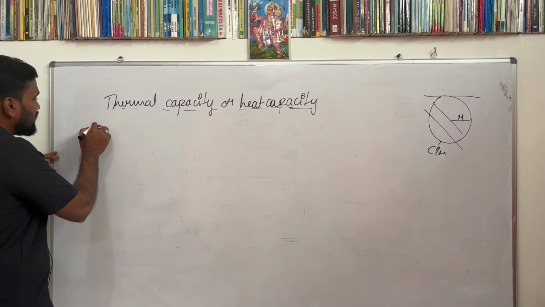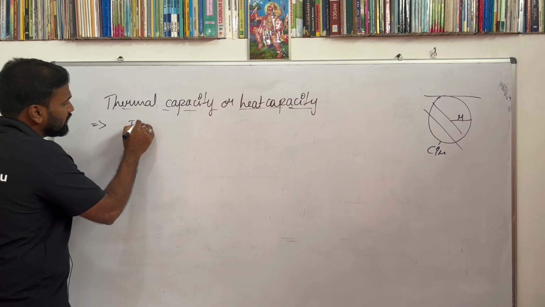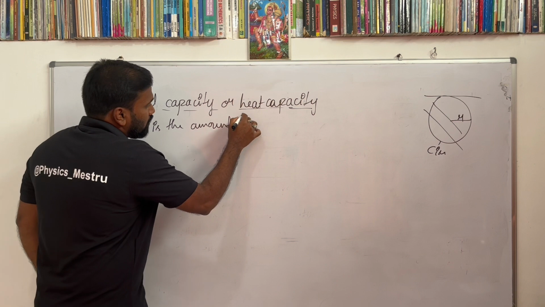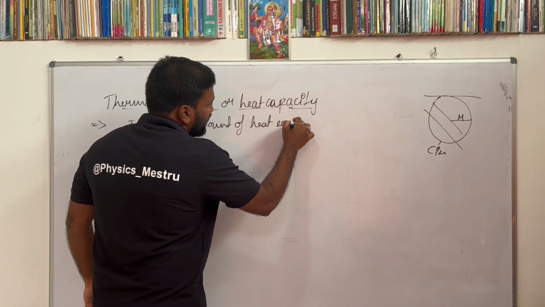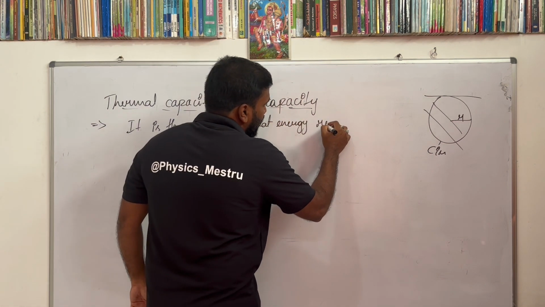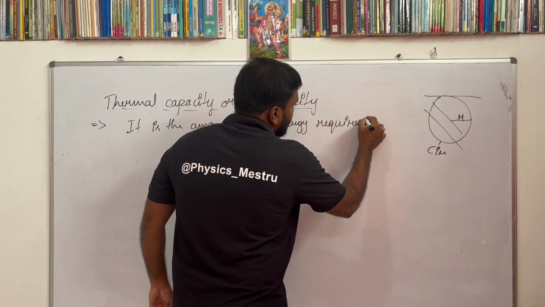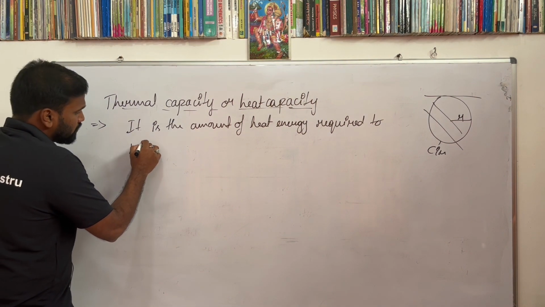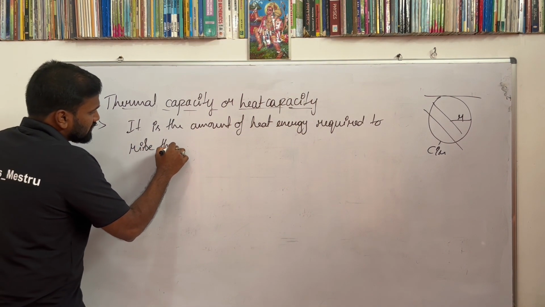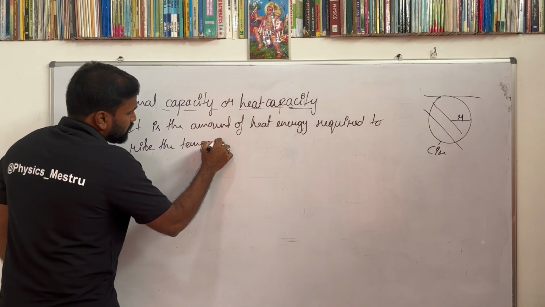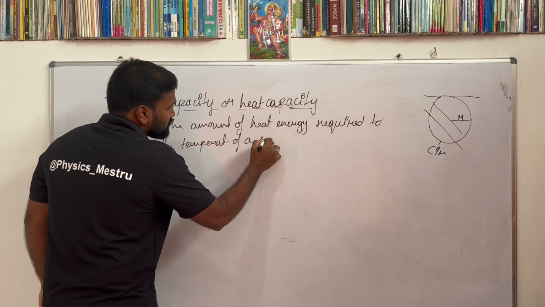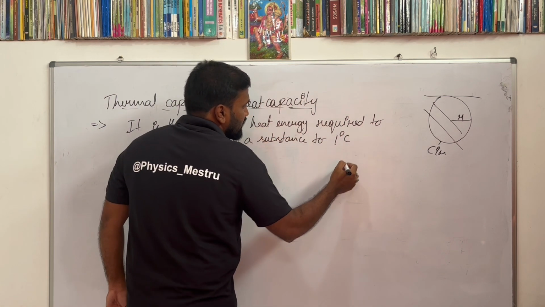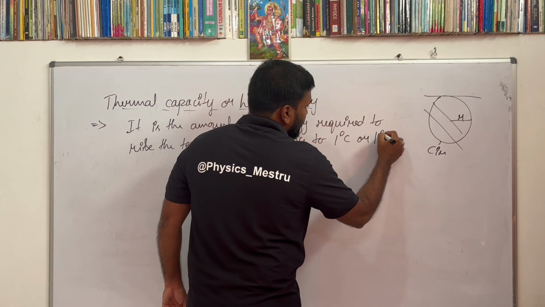So here, thermal capacity is the amount of heat energy required to raise the temperature of a substance by 1 degree Celsius or 1 degree Kelvin.